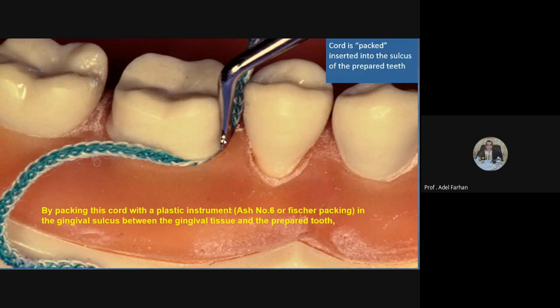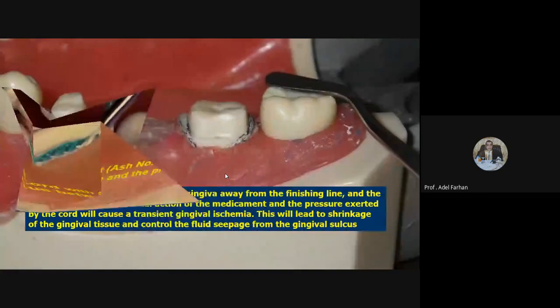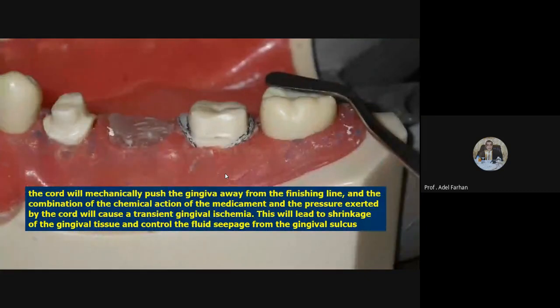Packing the cord with a plastic instrument such as the Ash or Fisher packing instrument. We start packing the cord. As we said, the cord will mechanically push the gingiva away from the finishing line, and the combination of the chemical action and the pressure exerted by the cord will cause transient gingival ischemia, from the vasoconstrictor and the pressure.